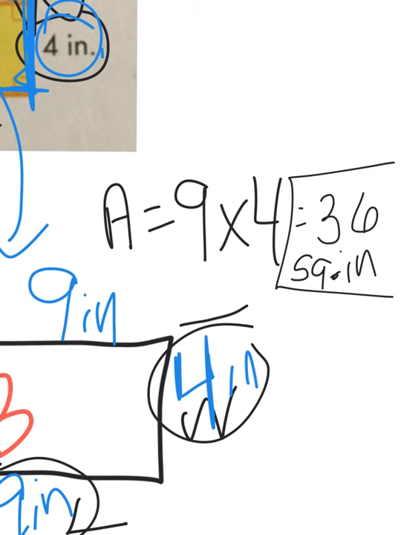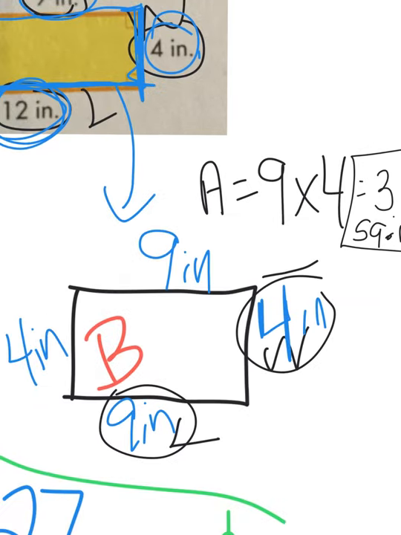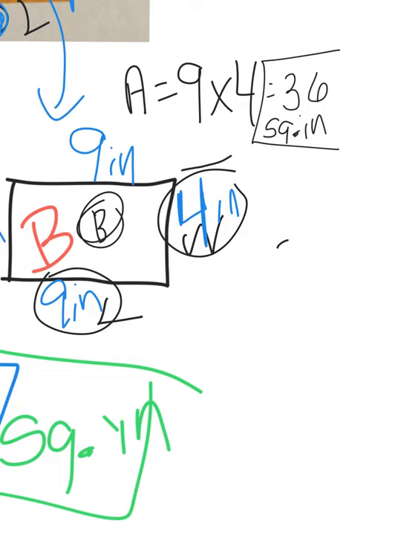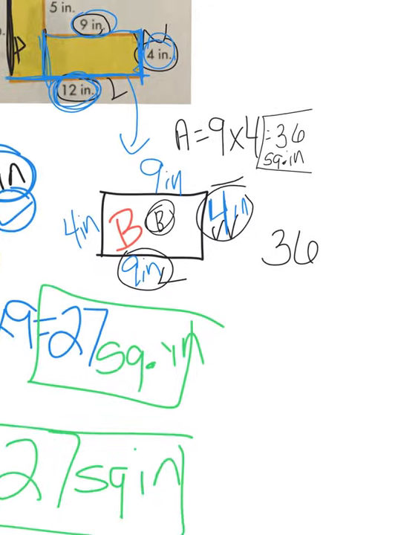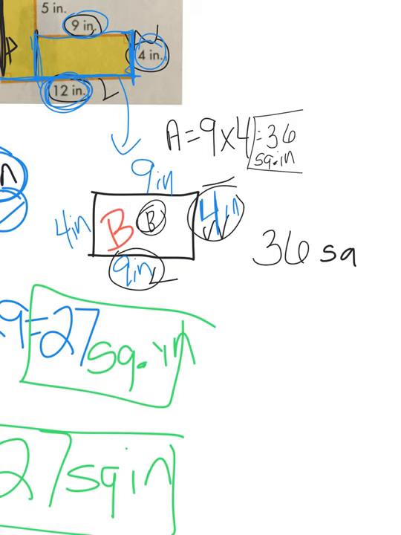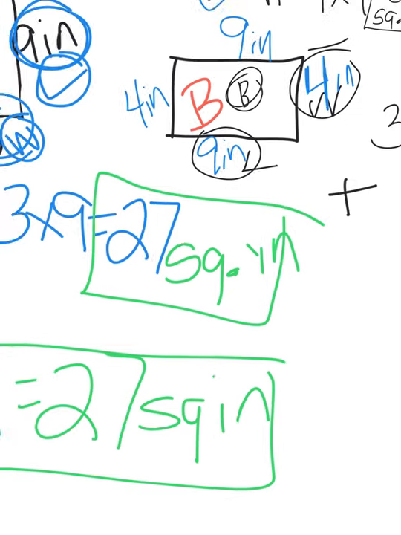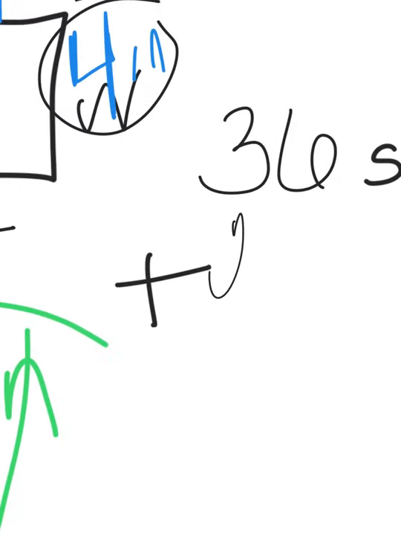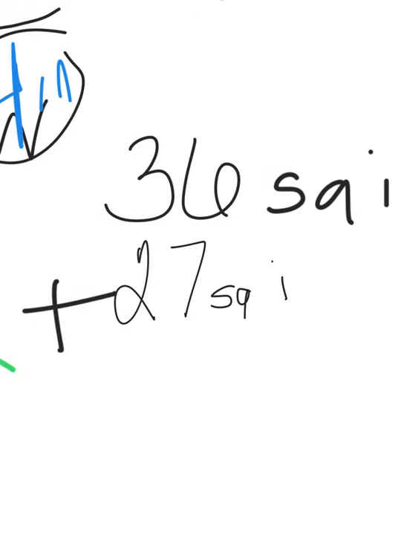So shape B, this one here, is 36 square inches. So I need to add 36 square inches plus what I got for shape A, which was 27 square inches.